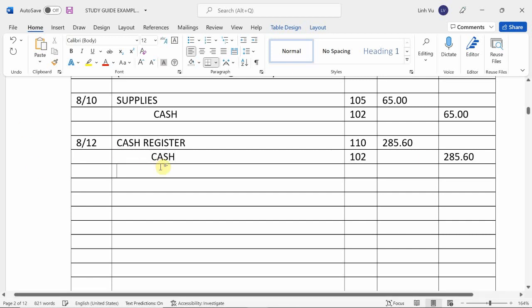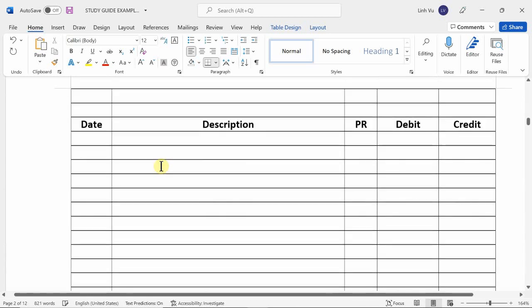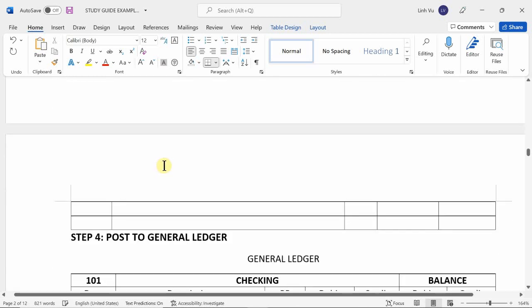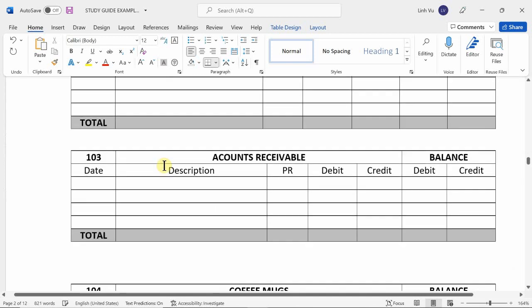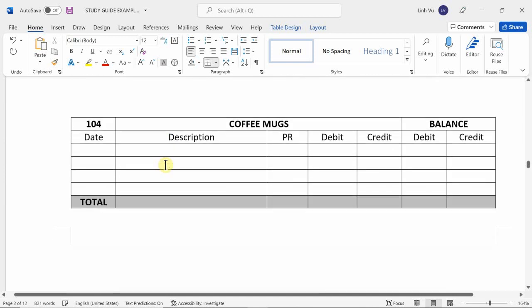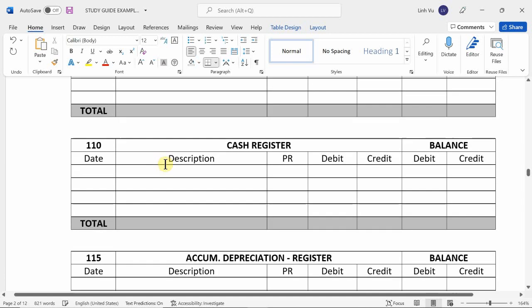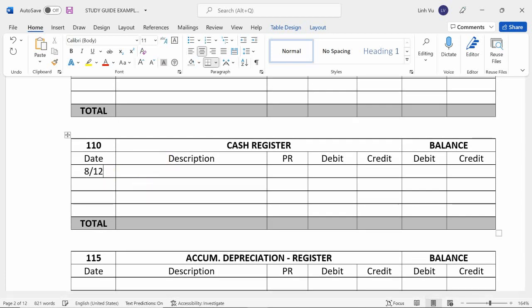So that means I have to update my accounts, and I would have to decrease my cash amount and increase my fixed asset of a cash register. Here it is. Okay. $285.60.